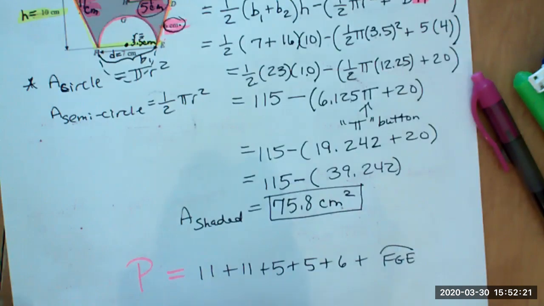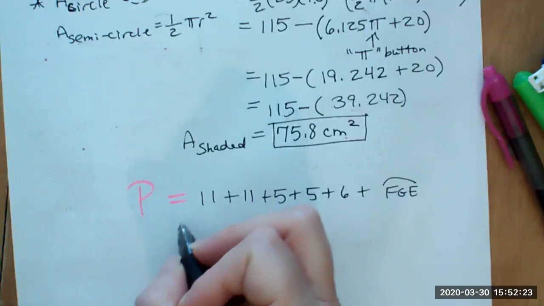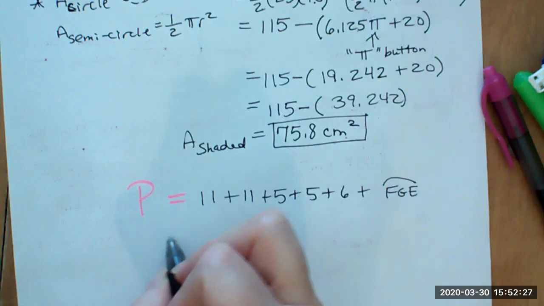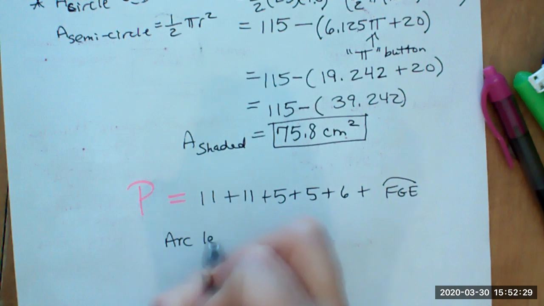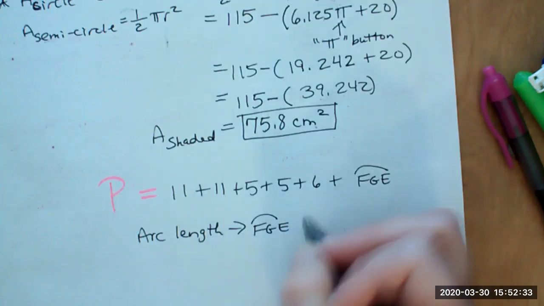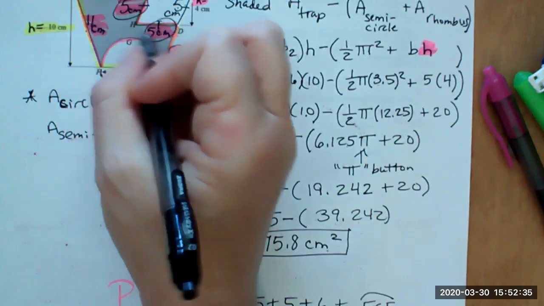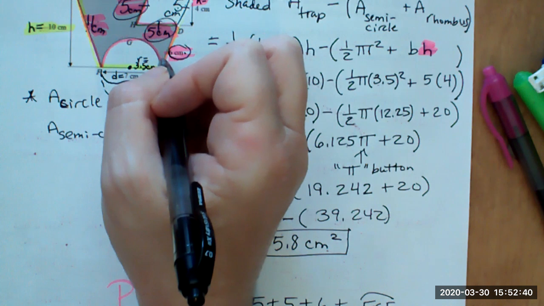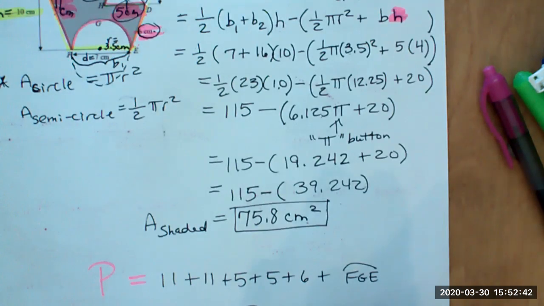Now, if we were looking at it in terms of the way we looked at this in topic 10, basically you're looking for the arc length of arc FGE. And if you go halfway around the circle, you're going 180 degrees out of the 360 degrees. So we can put a note on the side.